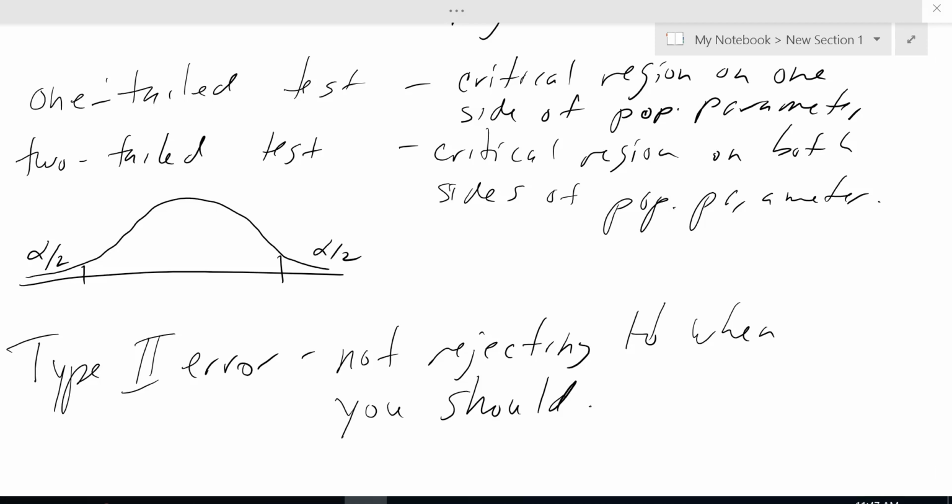The alternative hypothesis is true, but you didn't get that from your sample. Okay, so the sample that you got didn't lie in your critical region, so you couldn't reject the null hypothesis.